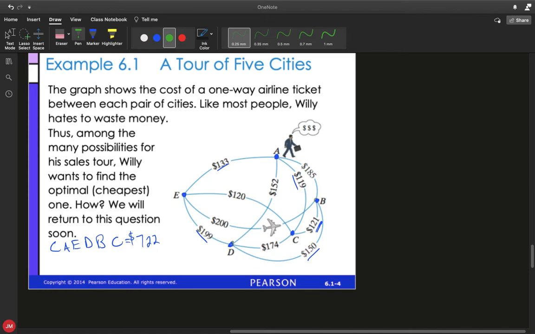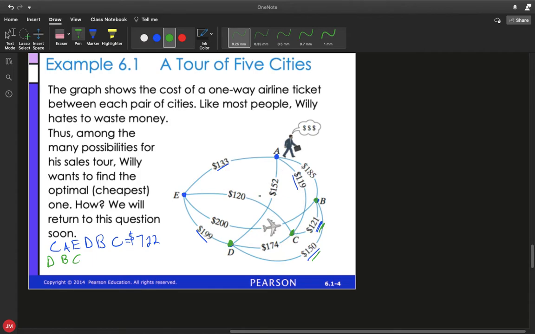Now let's go ahead and do another one. This time we're going to start at D. I'm going to switch colors here to help us distinguish between them. Looking at D and looking for our cheapest possible route, it looks like $150 to B is going to be our cheapest. From B, we can go to C or A or E, and I think the cheapest there is going to be to go to C for that 121.